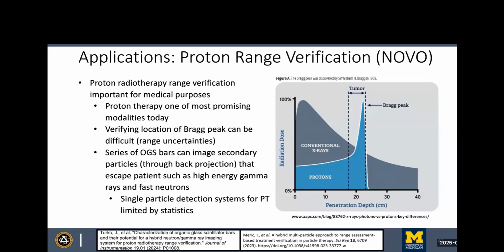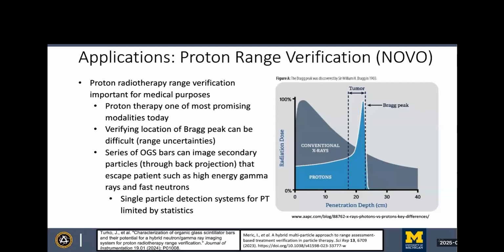We can also use our organic glass for proton radiotherapy, range verification for medical purposes. It's one of the most promising treatment modalities for tumors today because in principle, protons can be precisely targeted to deposit their energy into the tumor at the Bragg peak and no further.